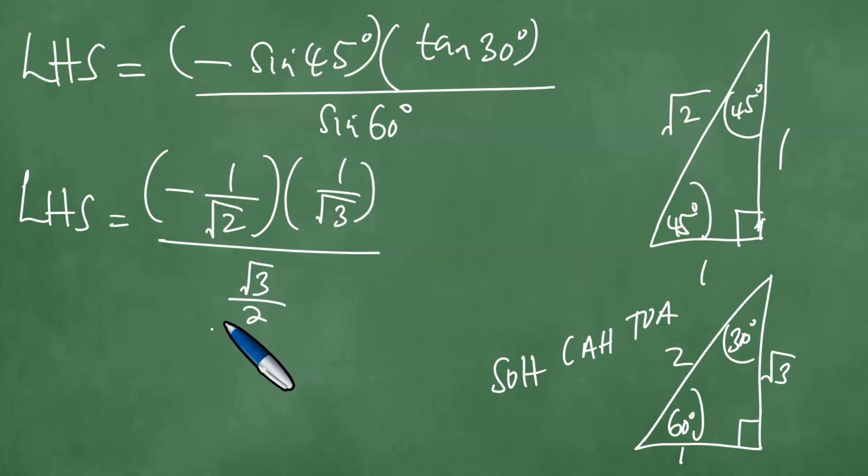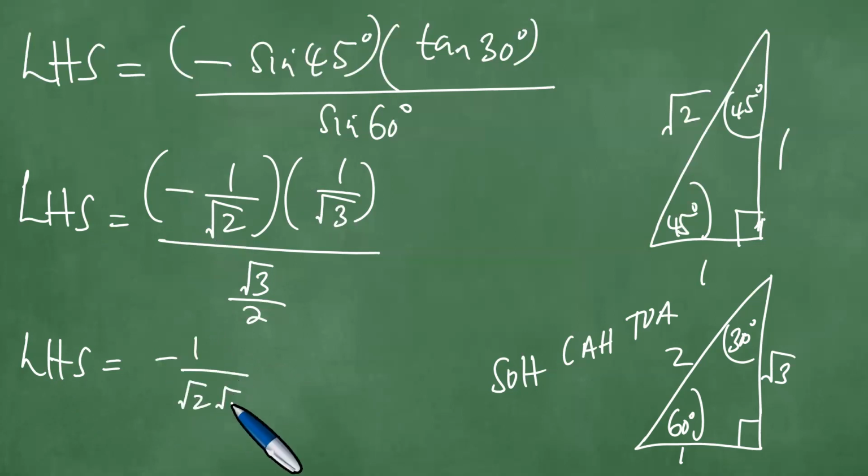So these things now, what do we get out of these if we simplify this? So the left-hand side, if you multiply this out, it's minus 1 over square root of 2, square root of 3, multiplied by 2 over the square root of 3. So you multiply by the reciprocal.